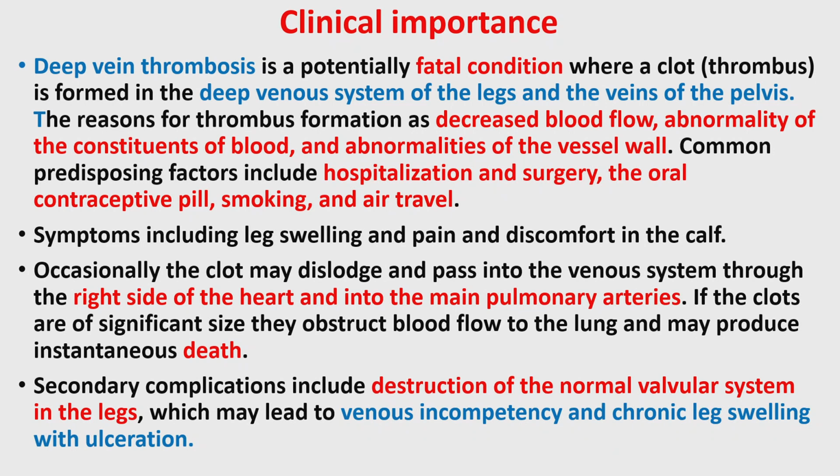When the thrombus or blood clot from the deep venous system of the leg goes farther to the inferior vena cava, from the inferior vena cava this blood clot enters the right atrium, and from the right atrium to the right ventricle, and it is pumped to the pulmonary trunk and goes to the lung. It can cause sudden death.